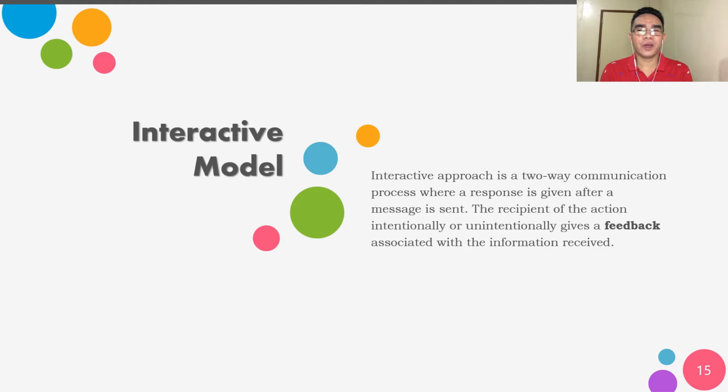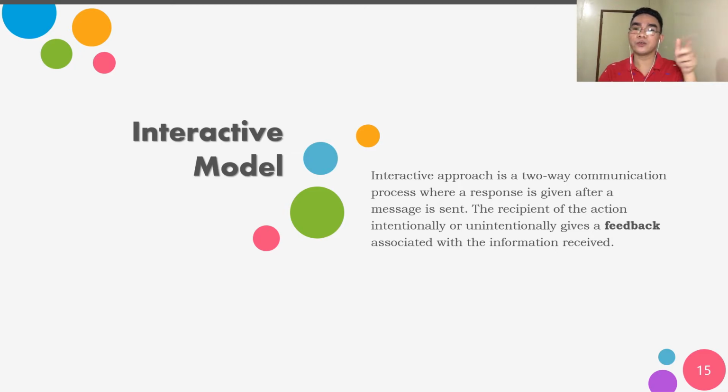Well, anyway, if it is interactive, meaning if the sender sends a message to the receiver, the receiver will also play the role of the sender to send a response to the sender. So the receiver exchanges the role of being the sender, sending the message back to the sender, and then the sender will now become the receiver. I hope you get that.